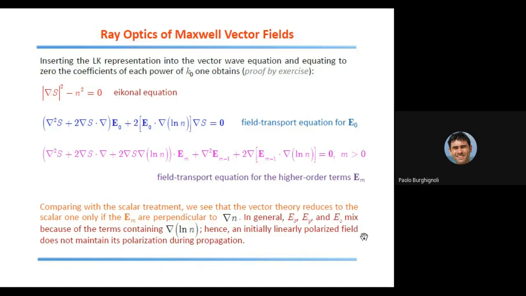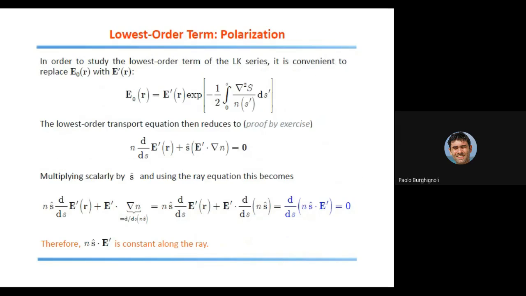However, in general, this will not happen, so all the scalar components of the electric field get mixed because of the term containing the gradient of the logarithm of the refractive index. So even if you start, for example, with a field which is initially linearly polarized, this linear polarization will not be maintained during the propagation. So along a ray, polarization will not in general be maintained.